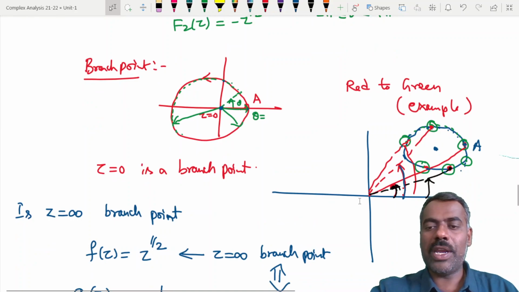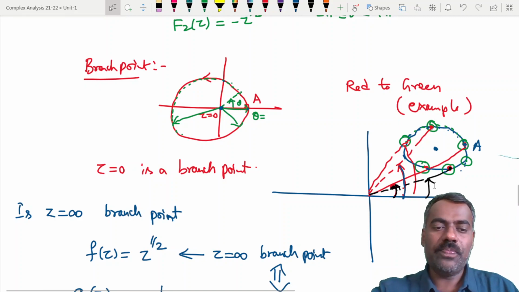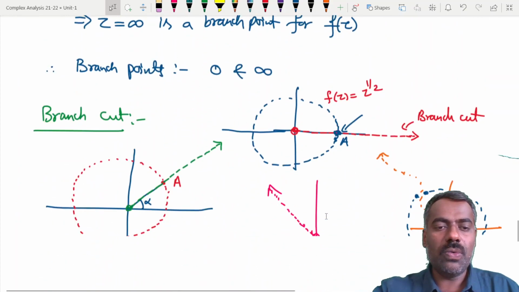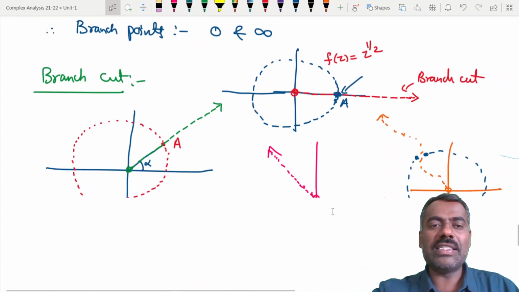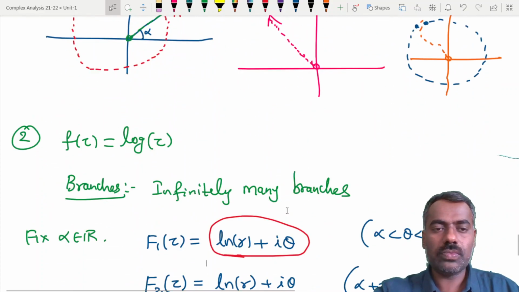If you take any point other than 0 and take a circle around that, or a closed curve around that, then even if you travel completely one round, you don't go to that 2 pi. Therefore, you don't get a new value. That's why z is equal to 1 is not a branch point for log z, or even z to the power half. Okay.